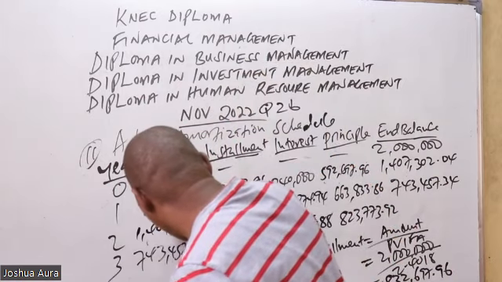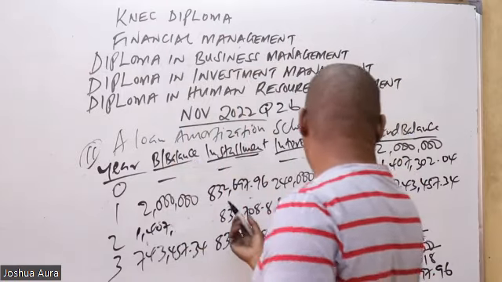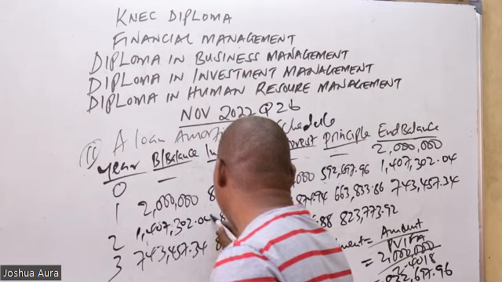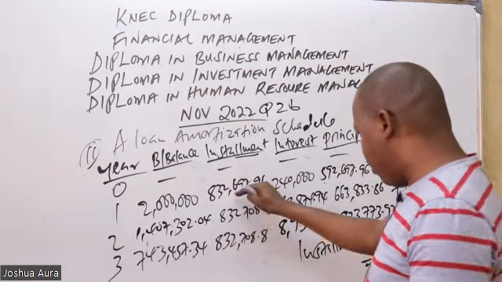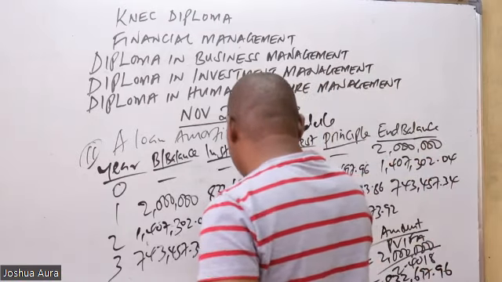My pen has a lot of ink, sorry. The interest will be this one. We change. The interest will be constant.